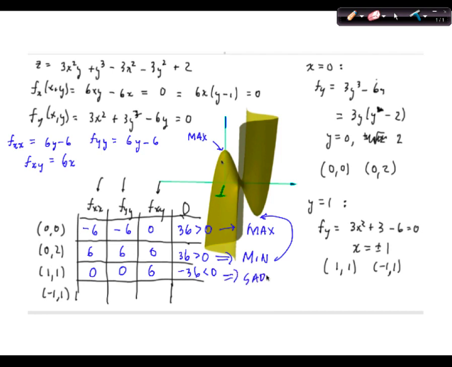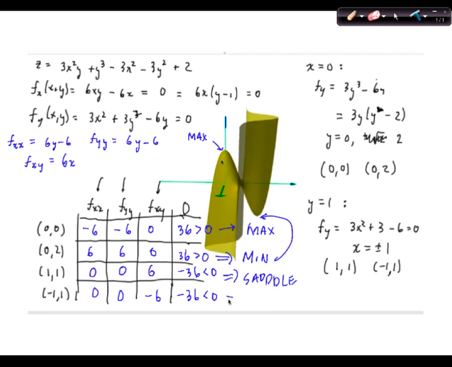We're done with that. I can't turn this, but remember there were 2 saddles. There's one out here in the first quadrant and one out here in the second. So saddle there, and then we get kind of the same thing for negative 1, 1. Again, we get 0, 0, negative 6, but we still get negative 36 when we do the discriminant.